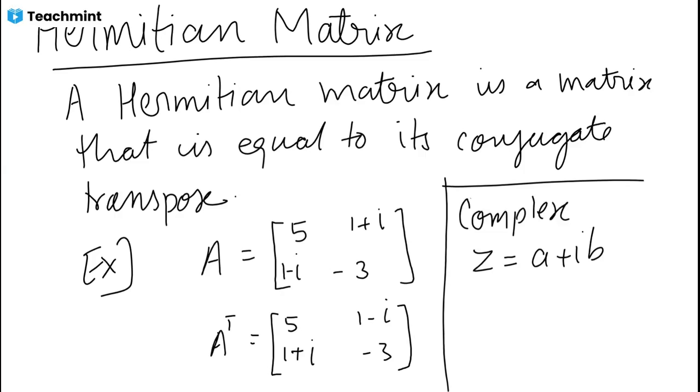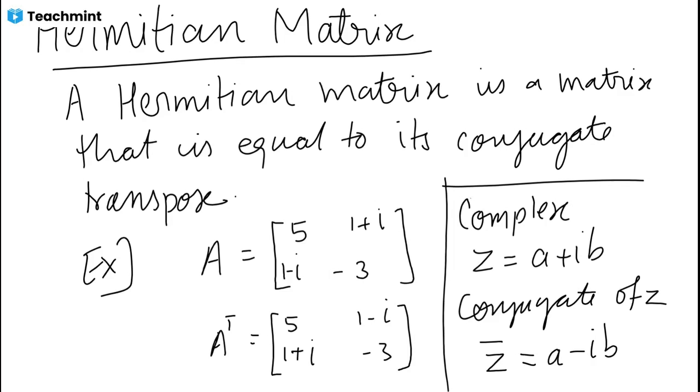Then its conjugate is denoted by z bar, and we just take the opposite sign of iota. Conjugate of z is z bar, and that is equal to a minus iota b. Do you remember this iota? Yes, it is the square root of minus 1. Yes, exactly.